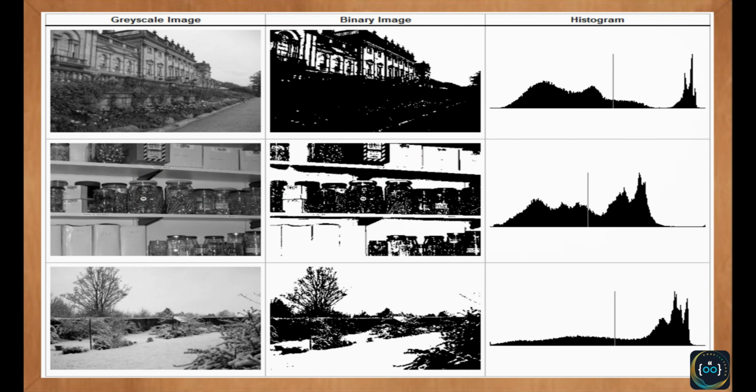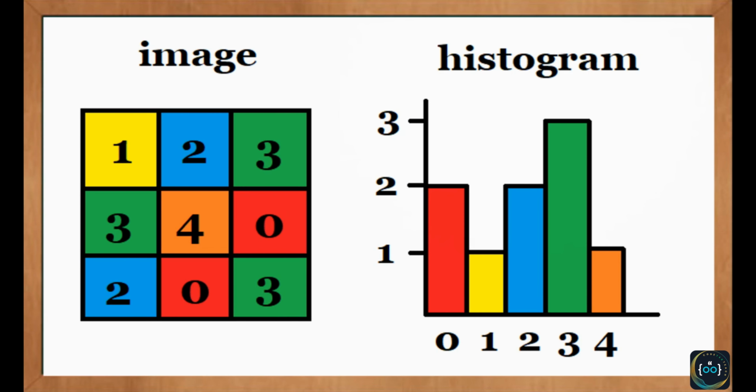So next, let's talk about the image histogram. Now consider this image's pixels here. By the side, you have this histogram. This histogram shows the distribution of the colors, that is, the frequency of each color, how frequently each color appeared. This image histogram is very useful and very important in image processing, and we are going to implement it for Otsu Binarization. Now, what do we mean by binarization?